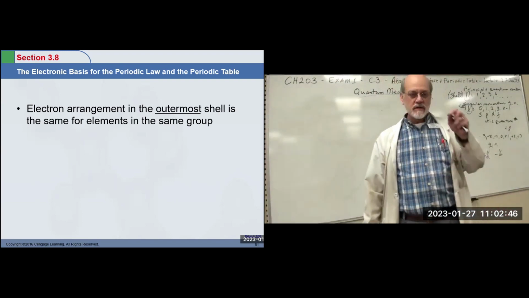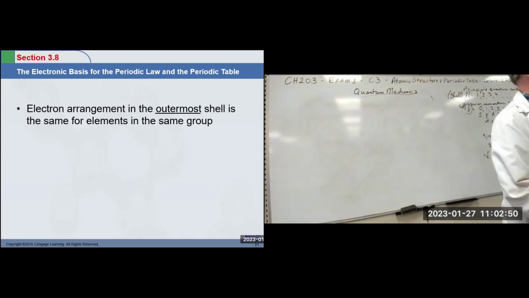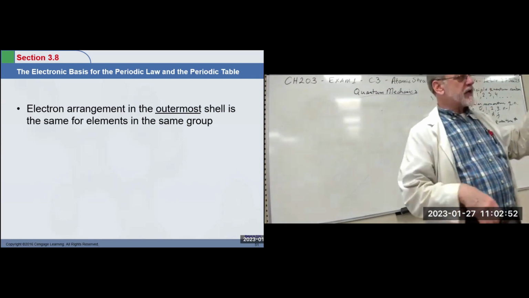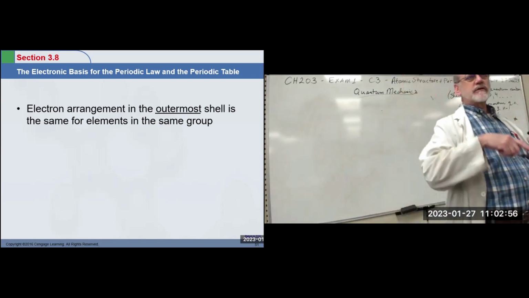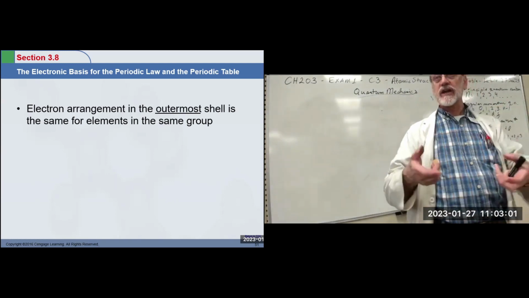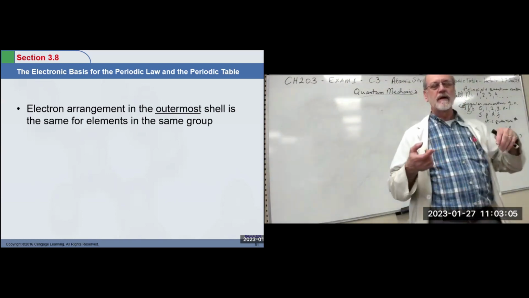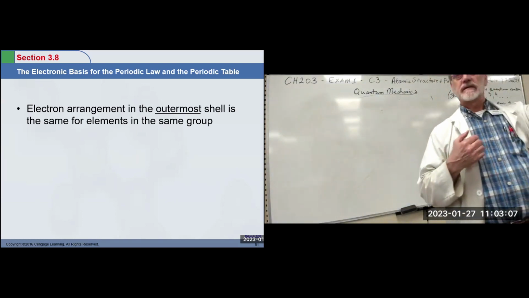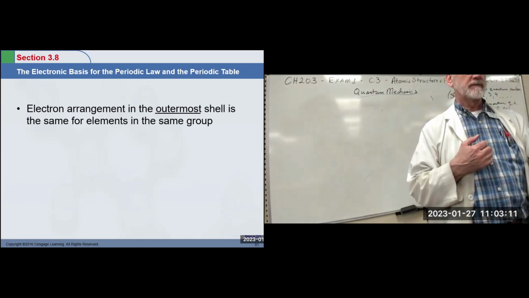So one thing to bring out of all of this is that for each of the groups, the families, the outermost shell looks like the one above it. That's what makes their chemical behavior similar.